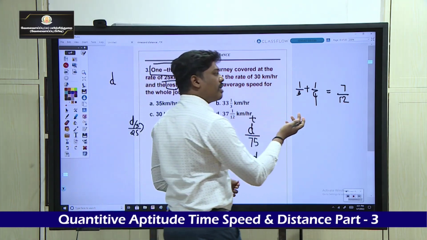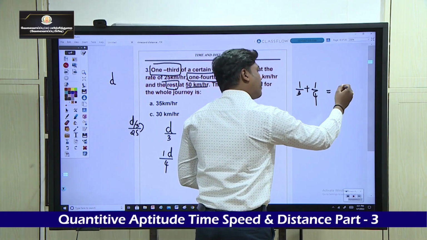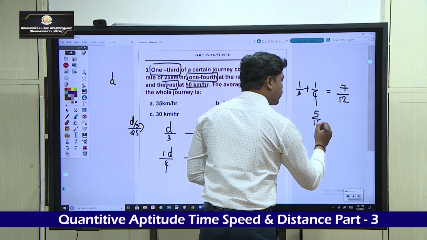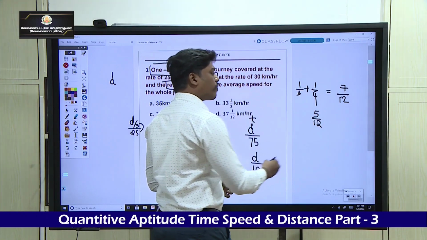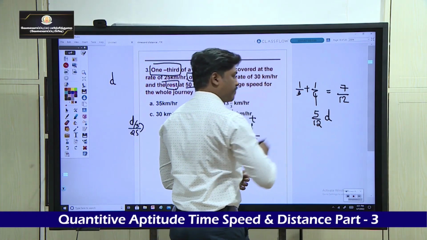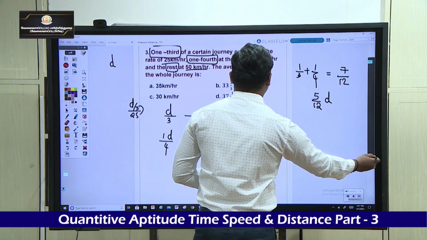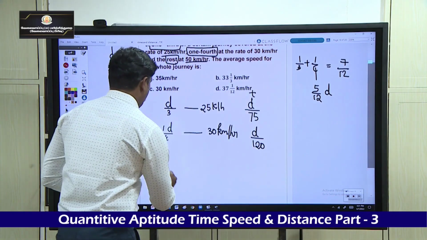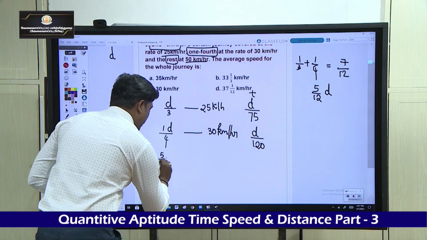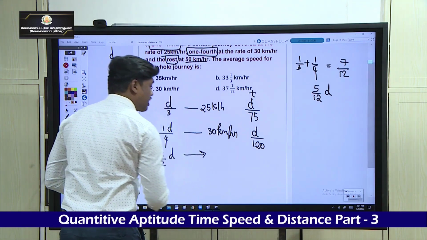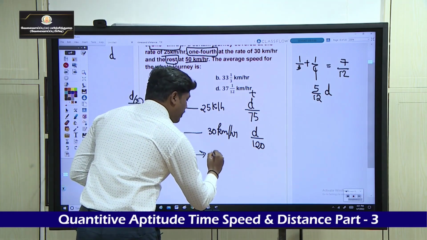What would be the remaining? 12, they have completed 7, remaining is 5. So the remaining distance is 5 by 12 of the total journey. Okay. So the remaining part is 5 divided by 12 of the total journey, which he is covering at 50 kilometer per hour.